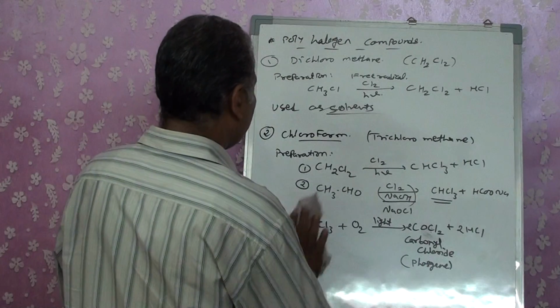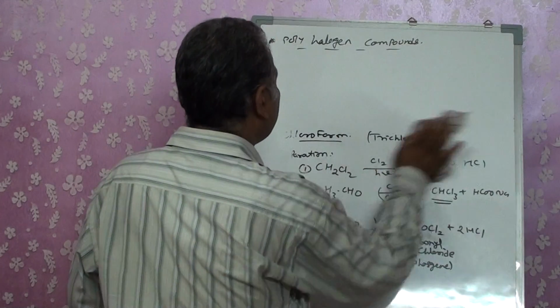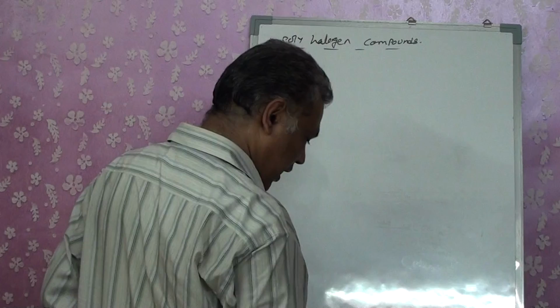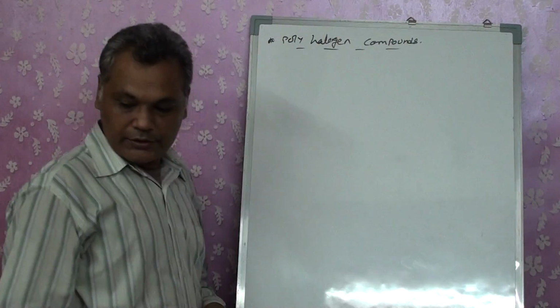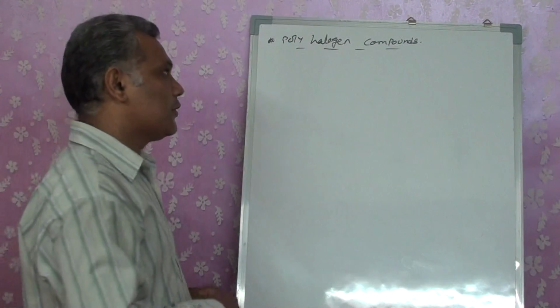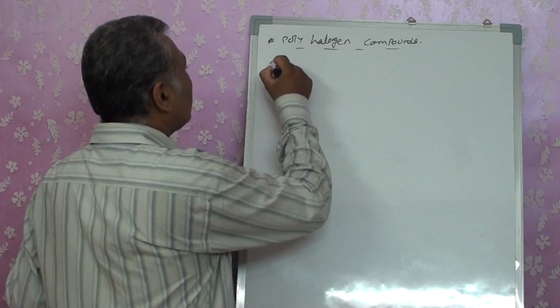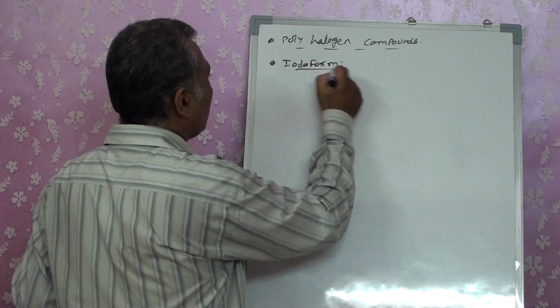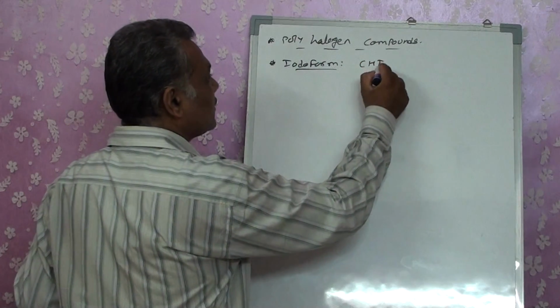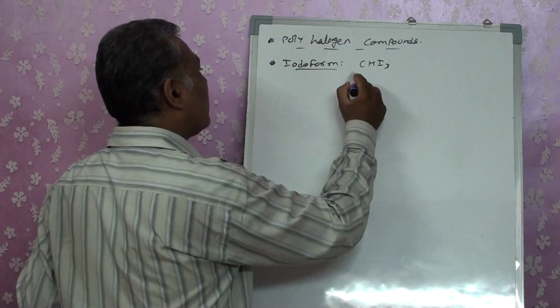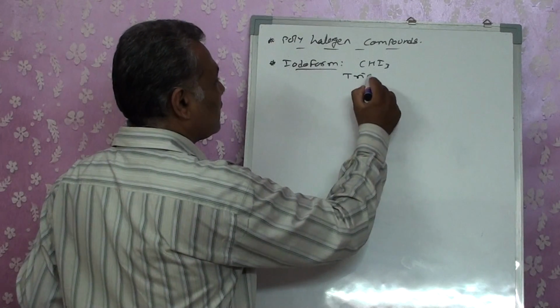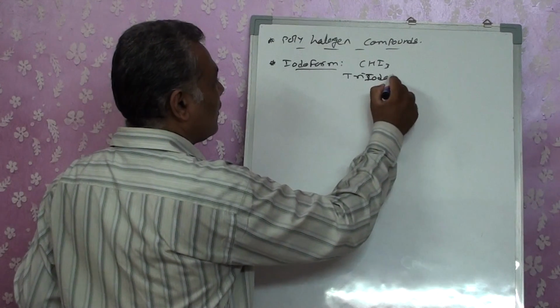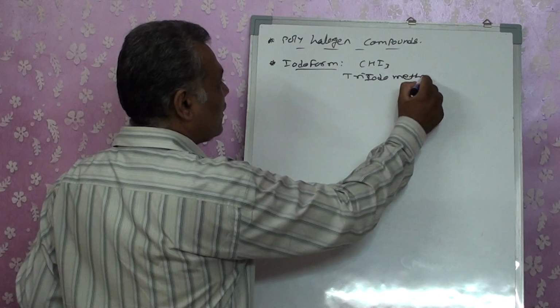Now the third component is iodoform, which is also restricted in its applications, right? Third one is iodoform, CHI3. It is termed triiodomethane.